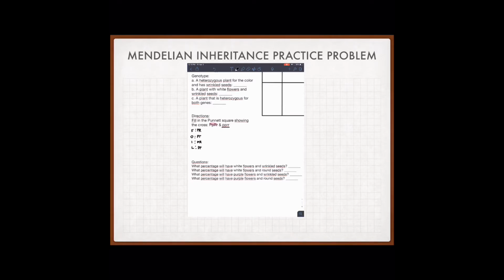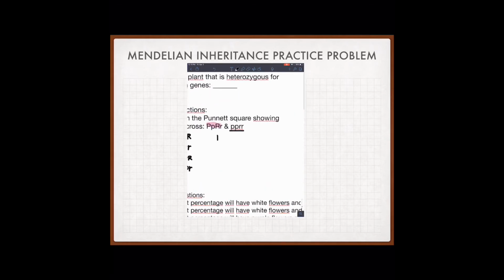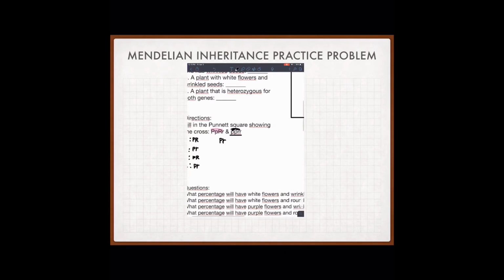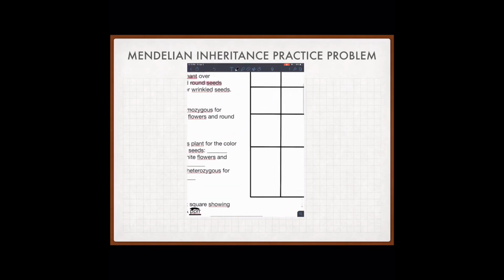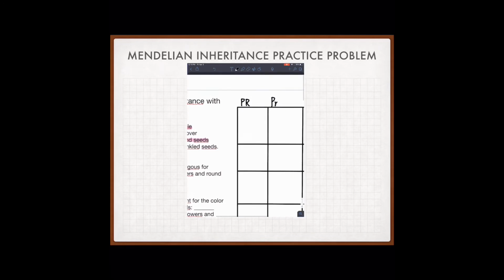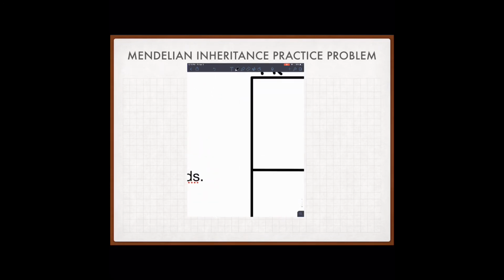This part's going to be easier because they're all lowercase letters, so all parts of the FOIL method will be little p, little r, because all of these letters are the same. So there's no reason for going through it again. So now we're going to fill in this part of the parent section, which is just going to be all lowercase letters.